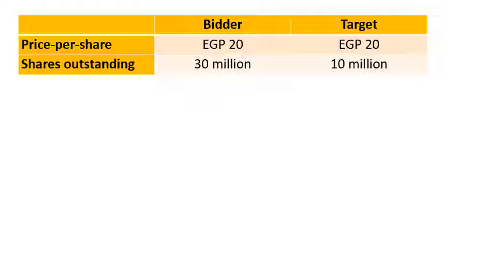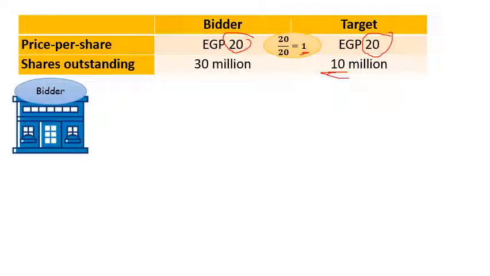So the investment bank will calculate the exchange ratio by dividing the current share price of the target by the current share price of the bidder. So it will be 1. And as we said before, 1 means that the bidder will issue 1 new share to swap this share against 1 share in the target company.